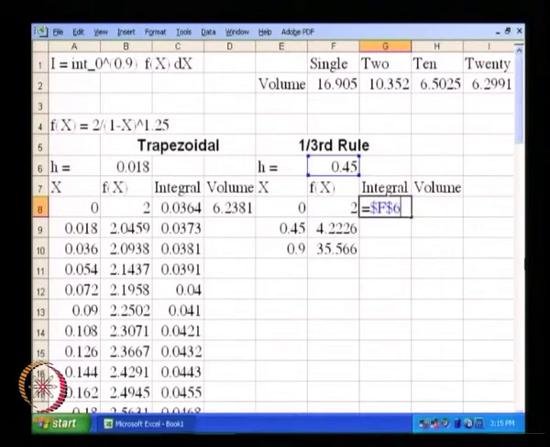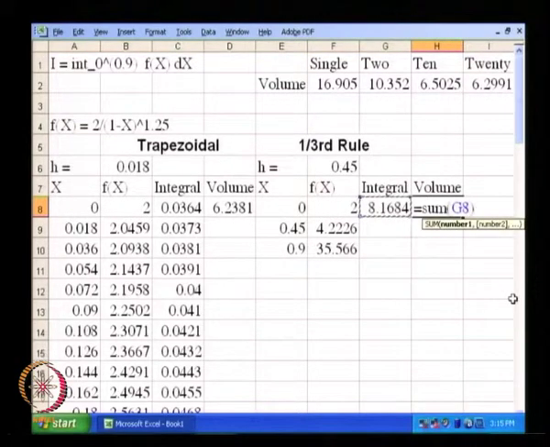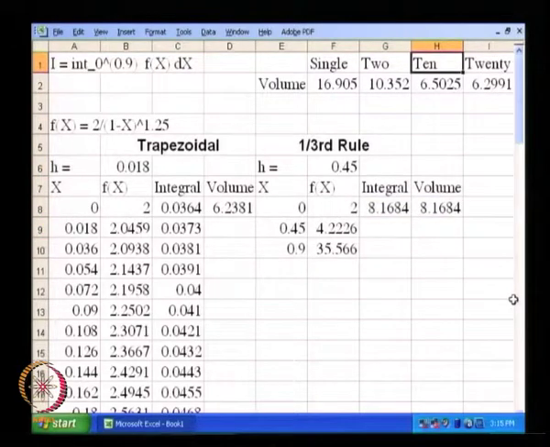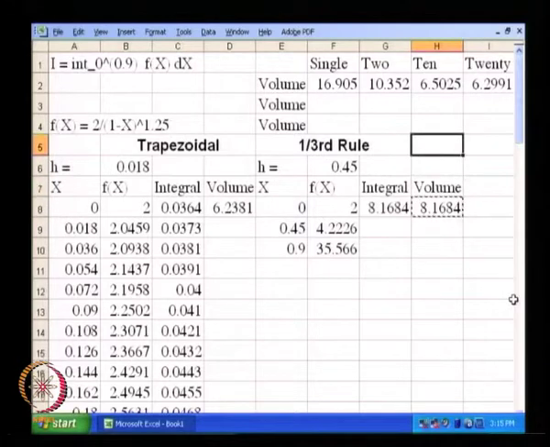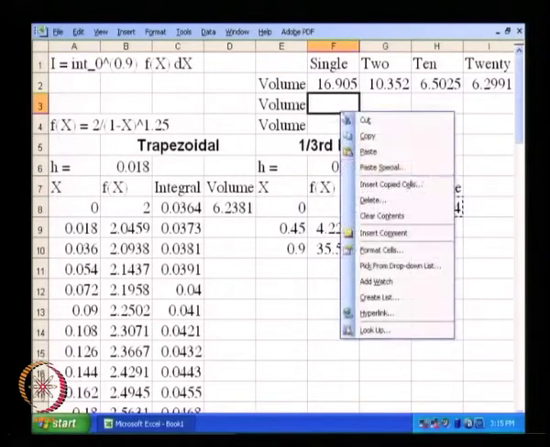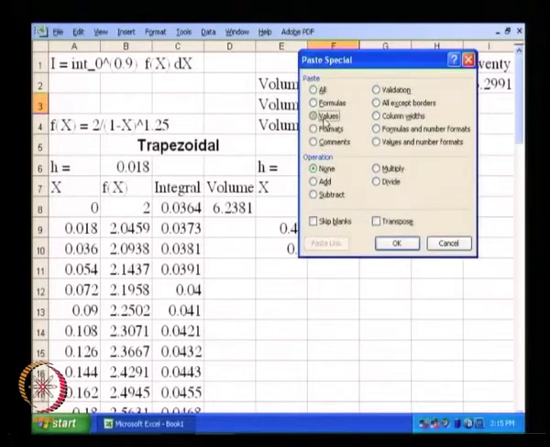I will put the dollars because h is not changing, divided by 3 multiplied by y1 plus 4 multiplied by y2 plus y3, that is the integral, and the volume is nothing but just this particular value. So, the volume that we are getting from the single application of Simpson's 1/3 rule is 8.17 approximately. I will just paste it over here.